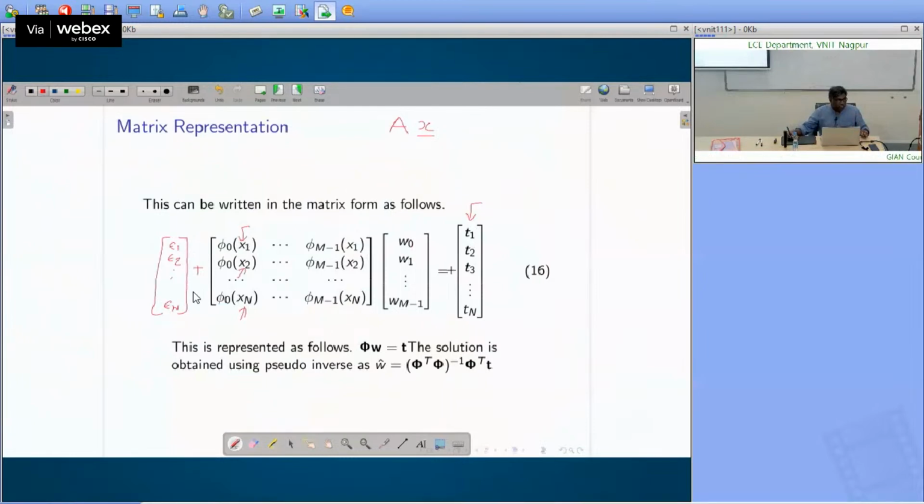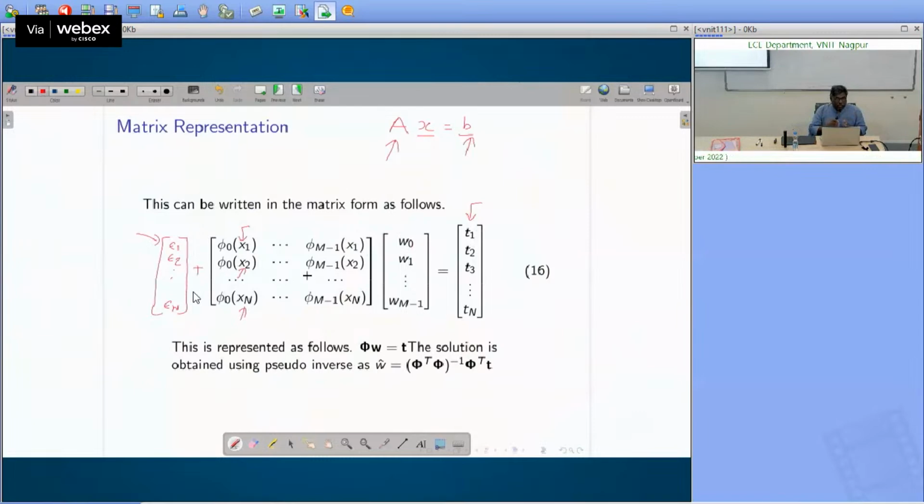This is the actual expression, but what we do here is construct the problem like a simple Ax equal to b problem, removing this noise part. This is matrix A, this is x, and this is b, whatever you observe. This matrix A is constructed using the basis functions.